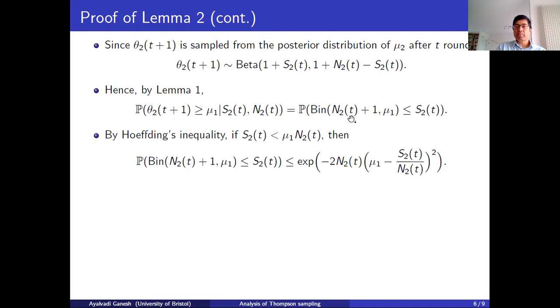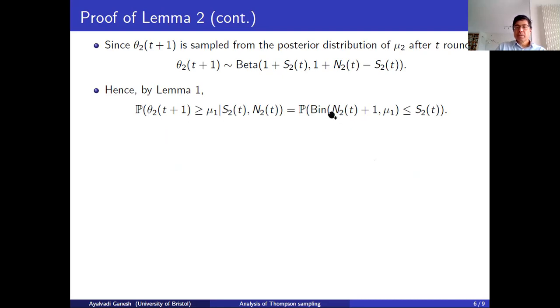So N2 is the number of trials in this binomial, mu1 is the probability of success. So N2t is now N2t plus 1. We can bound this by the same thing for binomial N2, mu1.